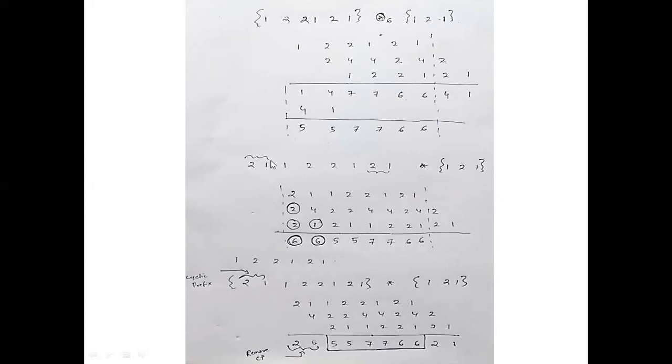Now when I go ahead with the linear convolution, the last 2 values are anyway going to come and add in the beginning.